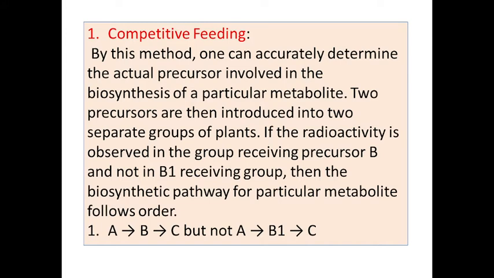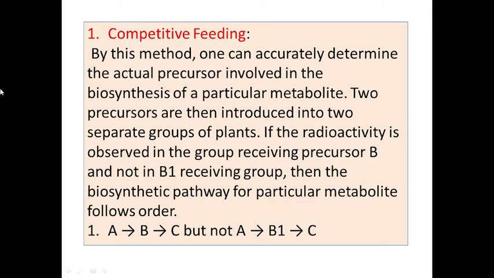Two groups of plants are selected. In one group the precursor which is introduced is B, and in another group of plants the precursor which is introduced is B1. So without taking into account a number of factors, competitive feeding could distinguish whether B or B dash was the normal intermediate in the formation of C from A.